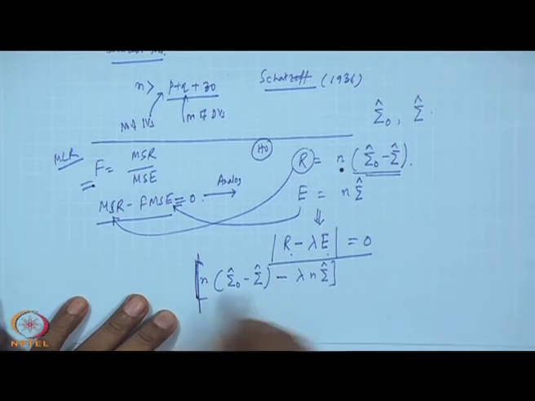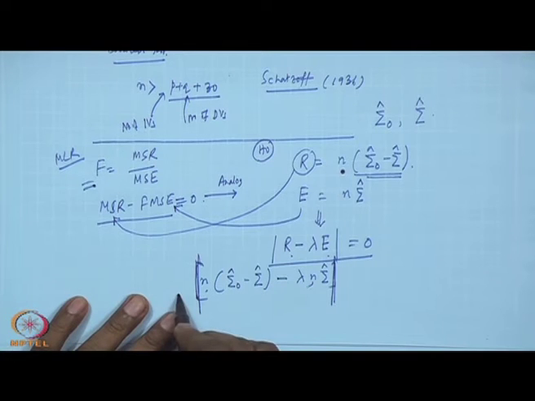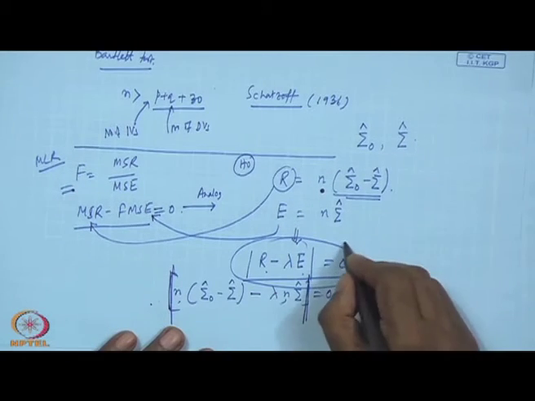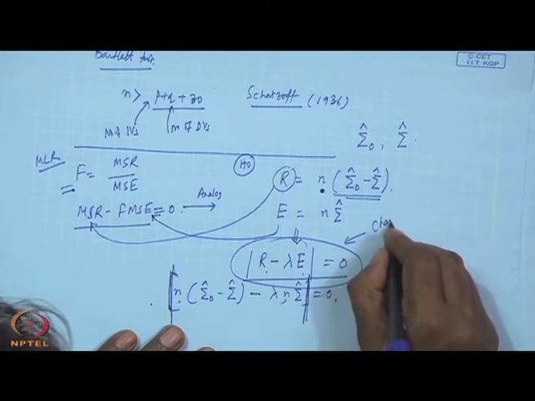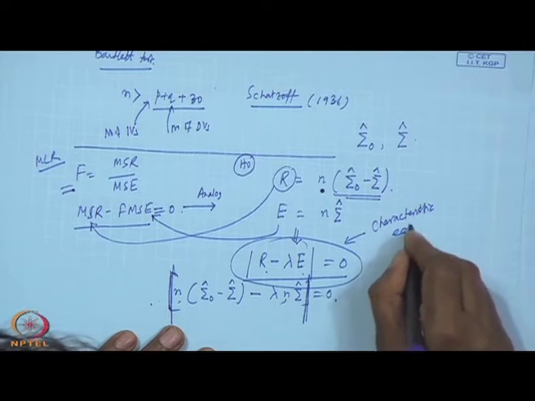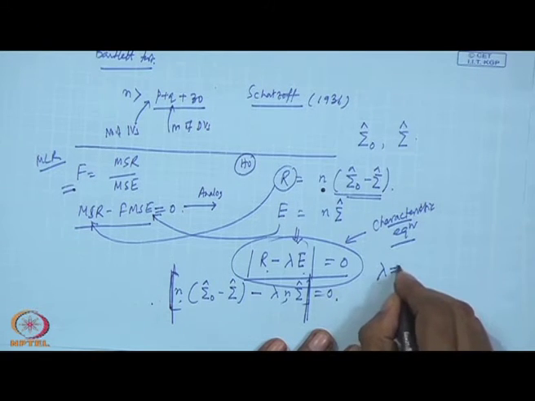Now, if I take the determinant here, ultimately this n will go out, n will be cancelled because you are putting it equal to 0. So this one is 0, this is the characteristic equation, and lambda will give you eigenvalues.